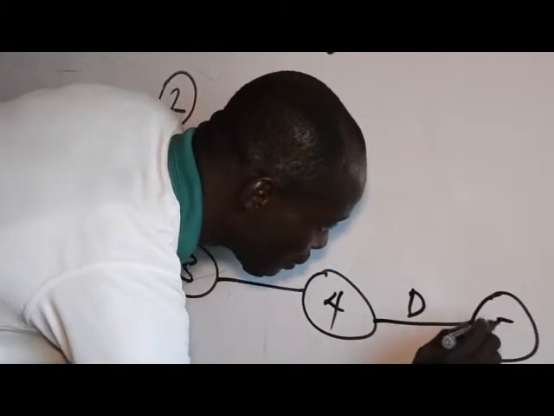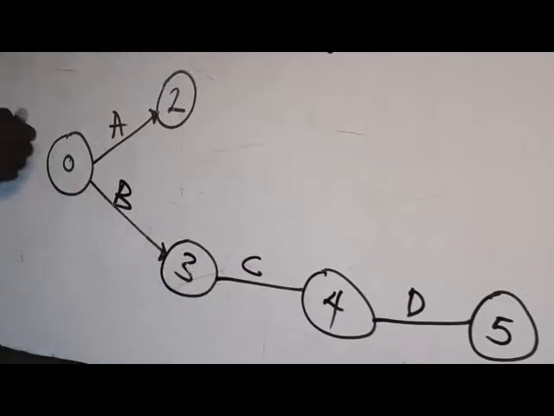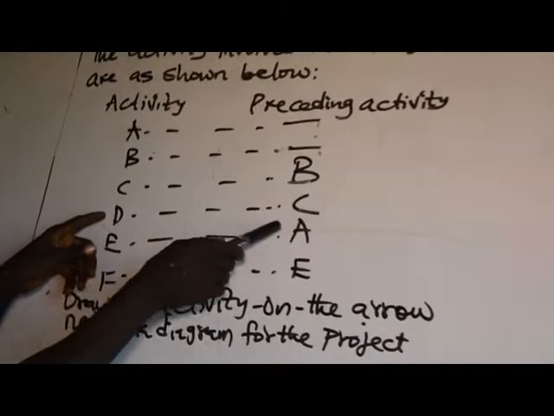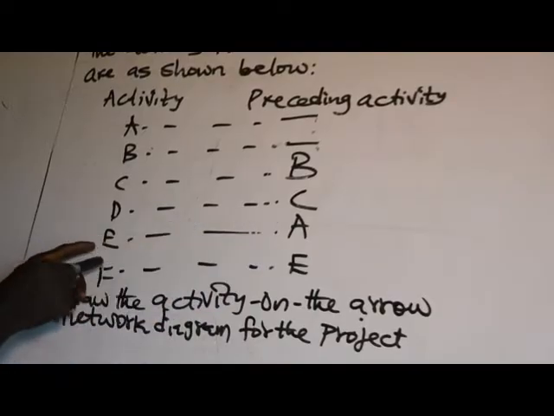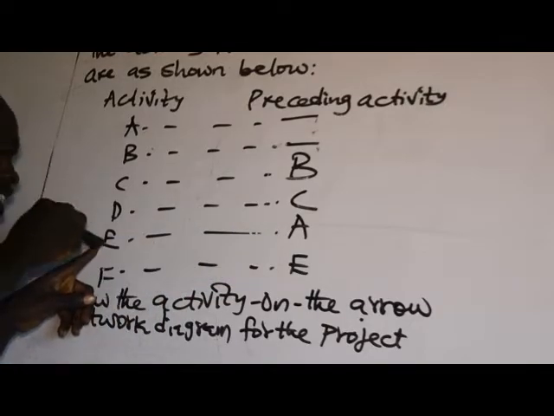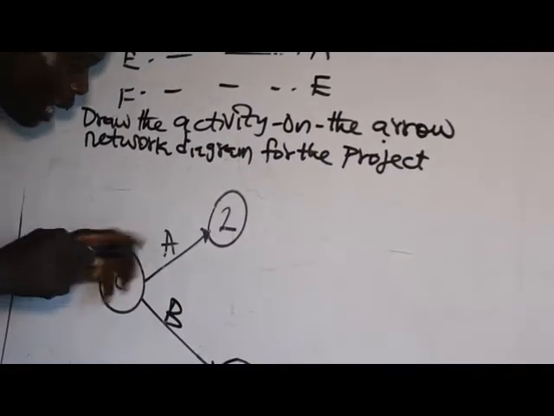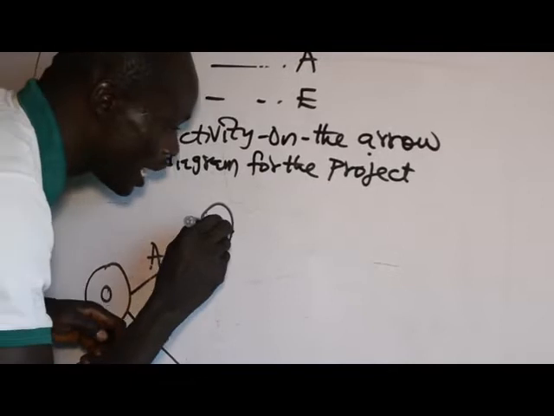That is number 5. D is coming up from there. Then from A, E comes up. That means A is an offshoot of activity E. Now where is our A? This is A. Now E comes up from there.